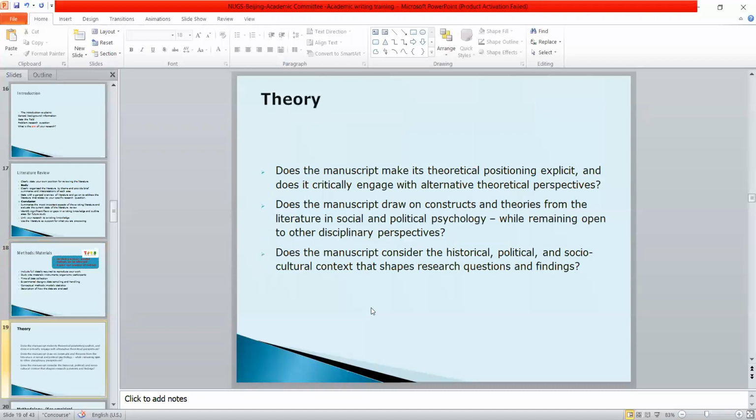Now, for instance, if you are writing a paper to prove a theory, under the methodology, what do you do? These are the questions that must always guide you when you are writing under your methodology. Does the manuscript make any theoretical position? Your manuscript must always be written in the context of a theoretical position.